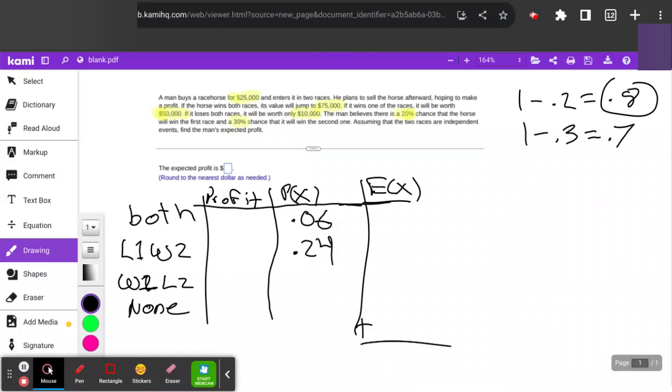So 0.8 times 0.3 is going to be 0.24. Now that we have room, we're going to do win the first one and lose the second one, which is 0.2 times 0.7, which equals, I know it equals 0.14, but I'm just so paranoid. I always have to check my work on my calculator. So anyways, 0.14.